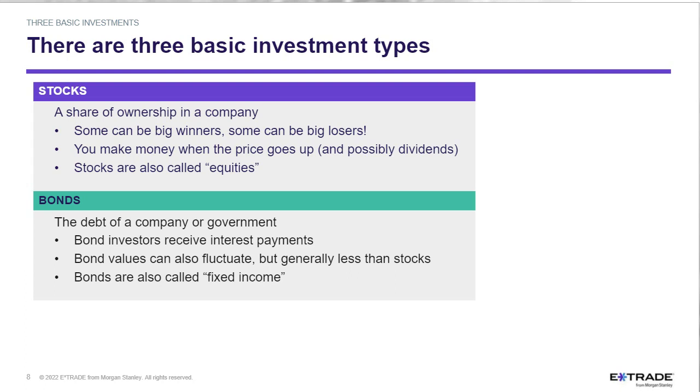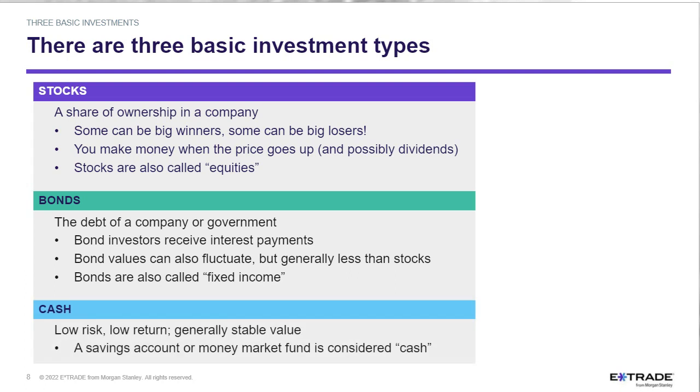And then cash is the third, and it is considered an asset class. But let's make sure we understand this. We're not talking about dollar bills. We're talking about savings accounts, money market funds, investments in very short-term interest-bearing items like a money market account. With cash investments, you achieve a very low return, but it doesn't fluctuate.